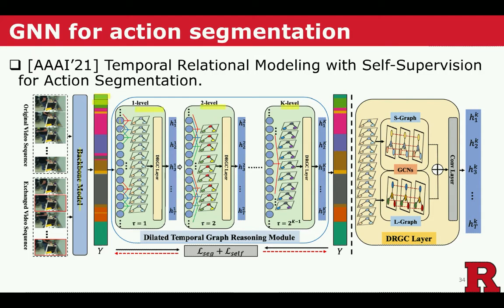For example, for this node, its neighbors are the nearby 2 frames, but at a second level, its neighbors become this one and this one. This is how they handle the long-range dependency between the frames, and how they use multiple time spans to better model the temporal relationships of the frames.